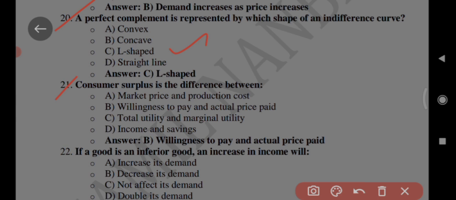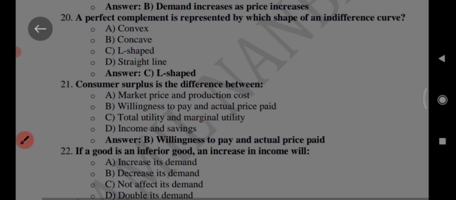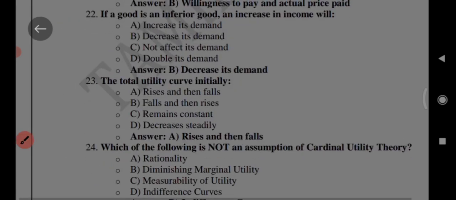Consumer surplus is the difference between option B, willingness to pay and actual price paid. If a good is an inferior good, an increase in income will, option B, decrease its demand.